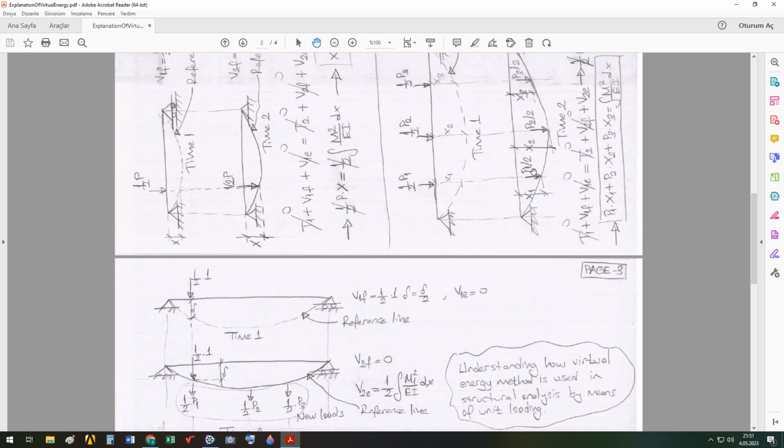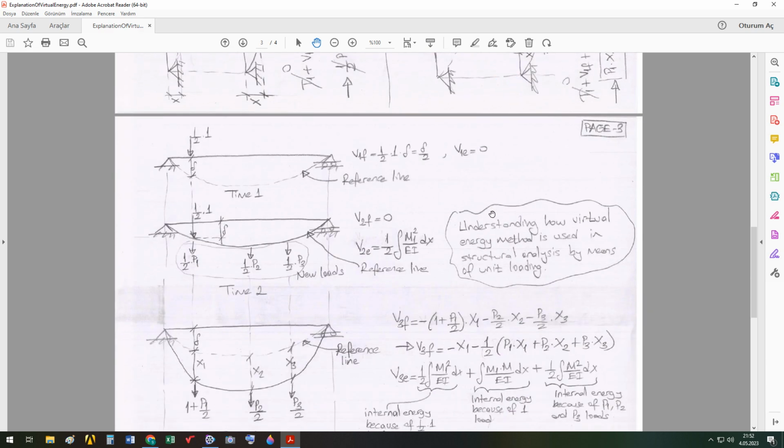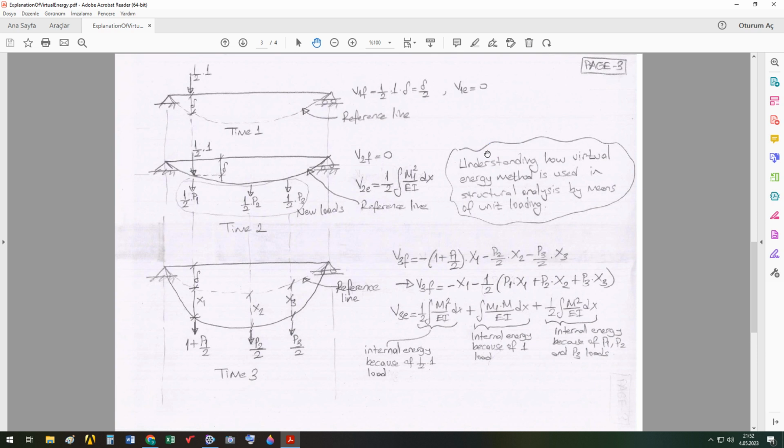So, as you know, there are x1, x2, and x3 here. To calculate x1, for example, let me place 1 unit load at the place of x1, in the x1 displacement direction. But it's again a static loading applied gradually, so consider its average value.